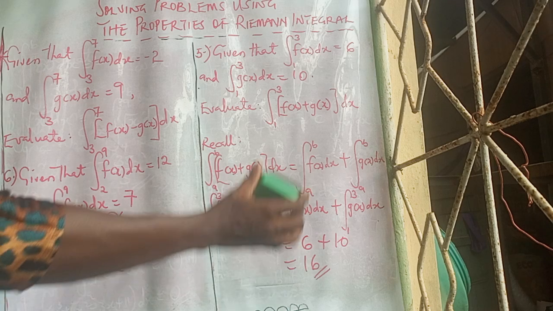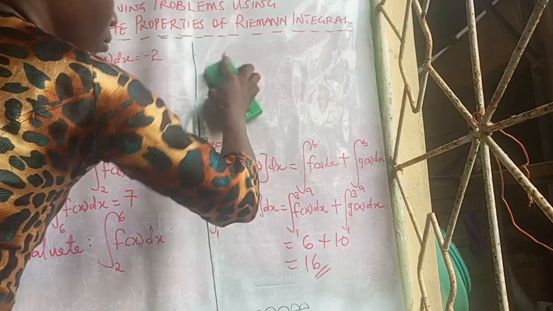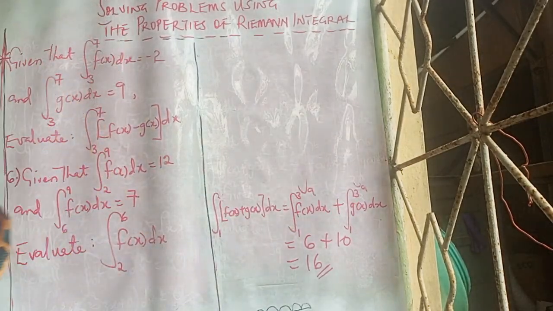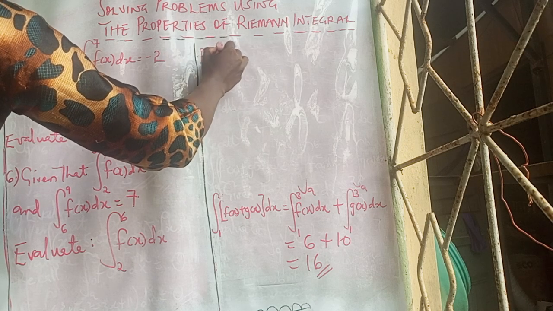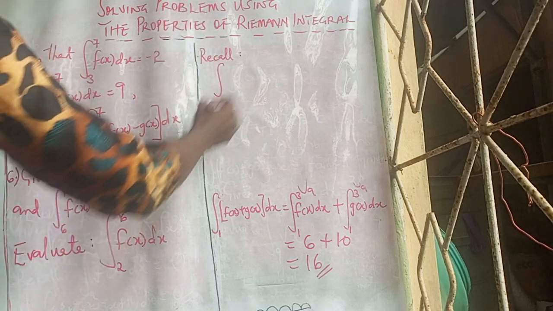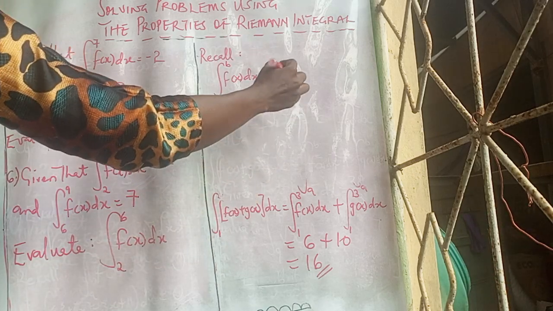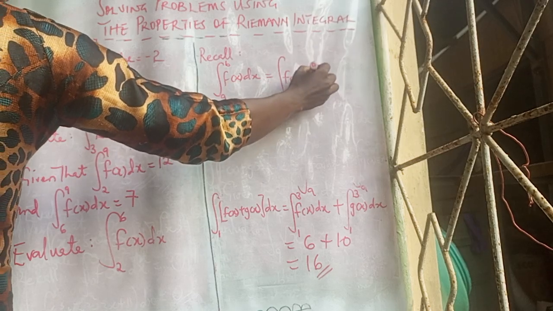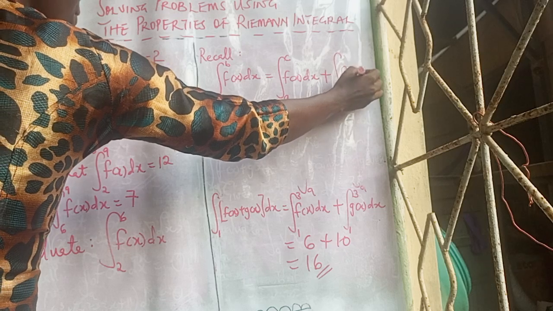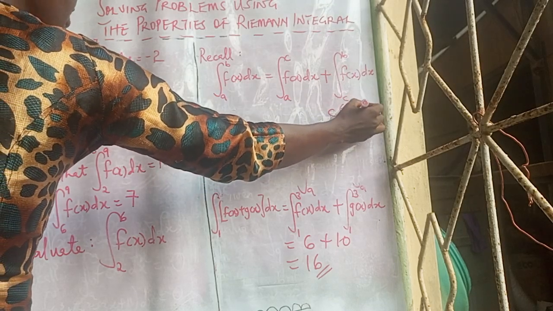Now recall that the integral of f of x dx over the interval a to b is equal to the integral of the same f of x dx over the interval a to c plus the integral of f of x dx over the interval c to b, where c is an element in a, b.